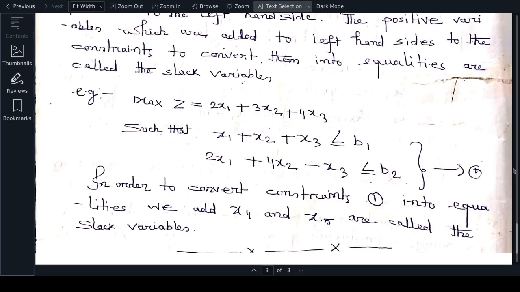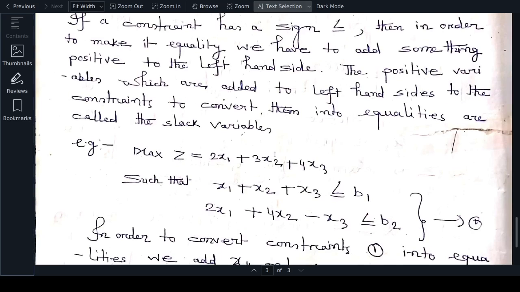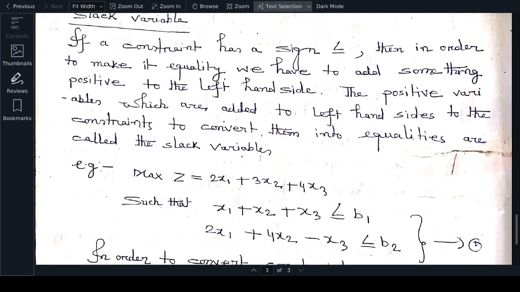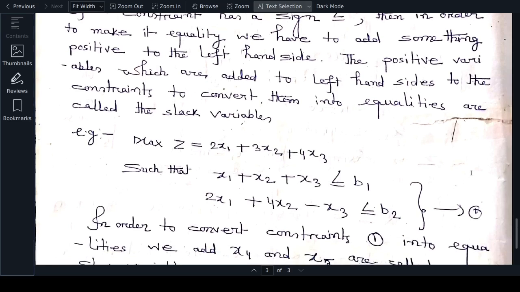The first constraint right hand side is b1 and the second constraint right hand side is b2.